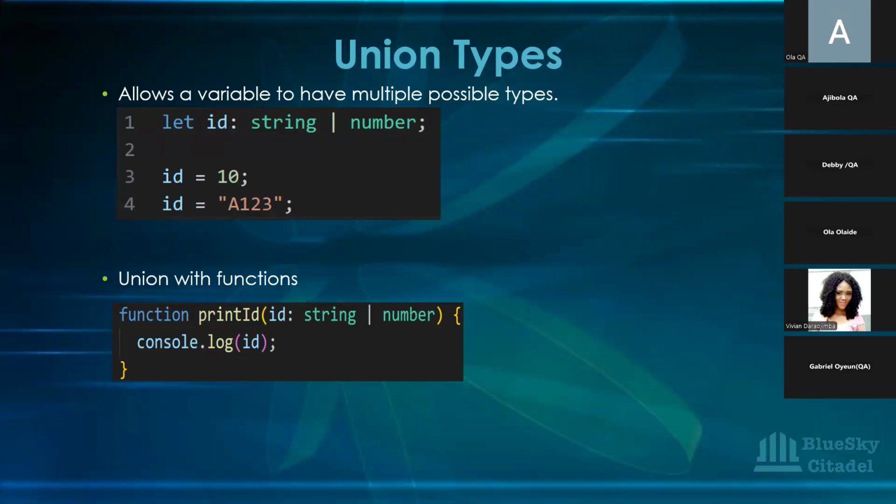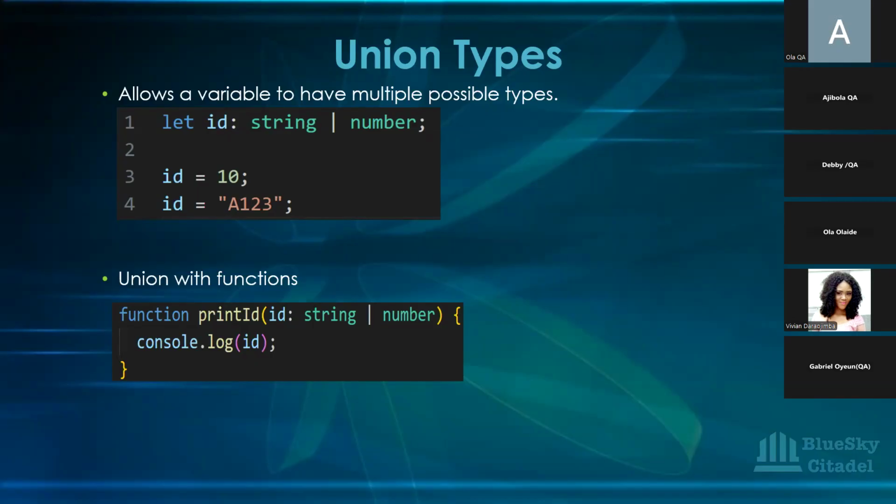So we may want to combine multiple data types together for best performance. For instance, we know that our data type, the age of the user or the currency, can actually be a string, probably if it's not well formatted, or a number, right? So in order to ensure that we work properly with it, we can do a union type.